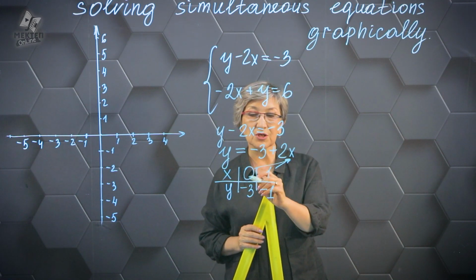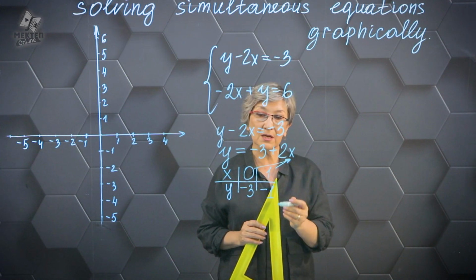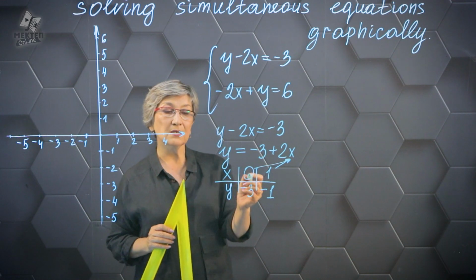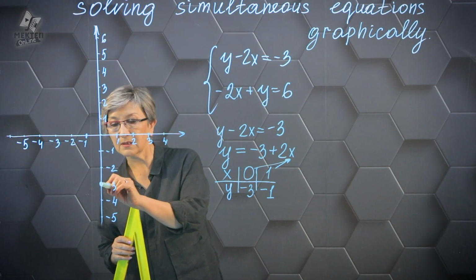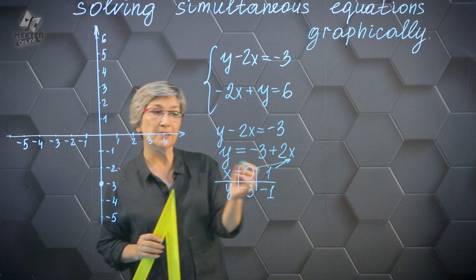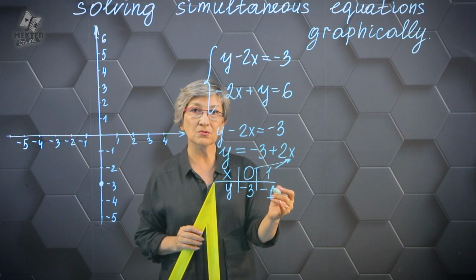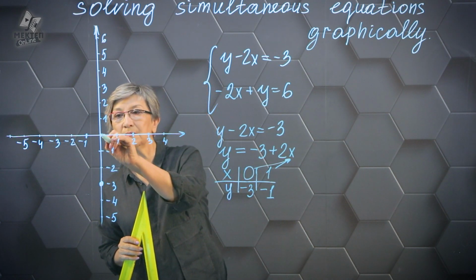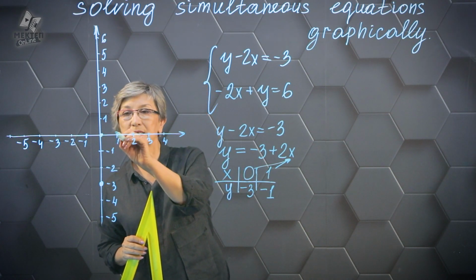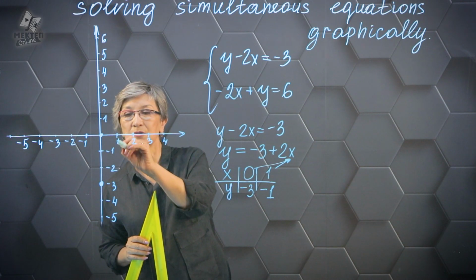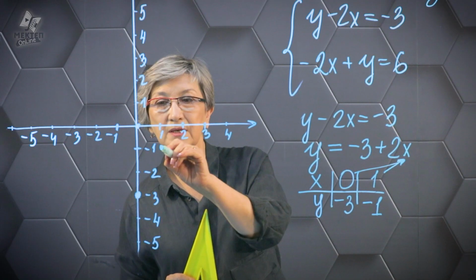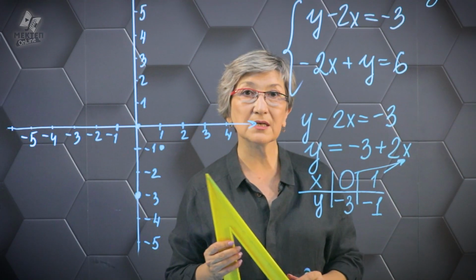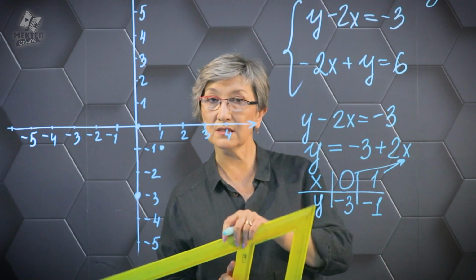Let's mark these points with coordinates 0 and -3 on the coordinate plane. This point here. The second point is at 1, -1. We begin at the point 0, 0, move 1 on the x-axis and 1 down on the y-axis. Thus, we arrive at the point 1, -1.